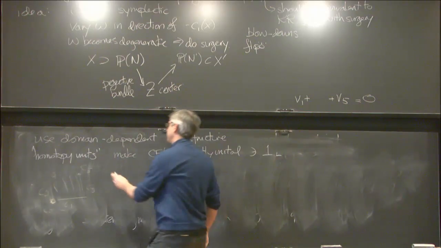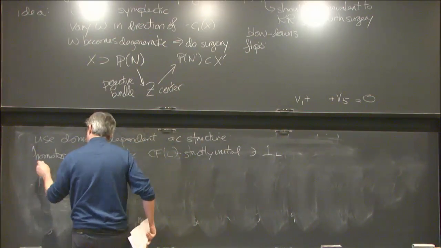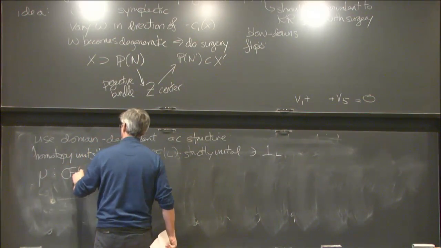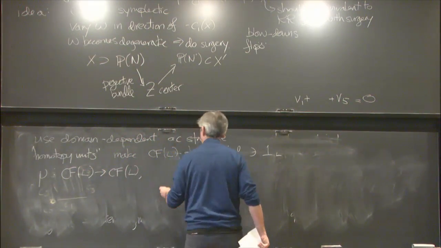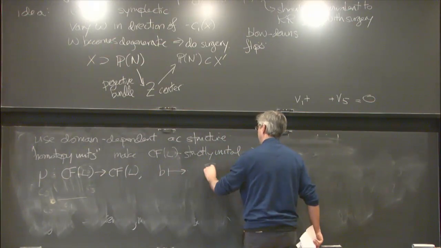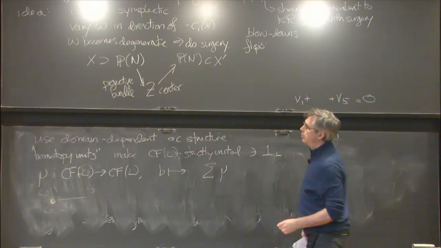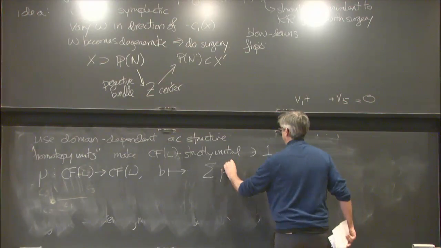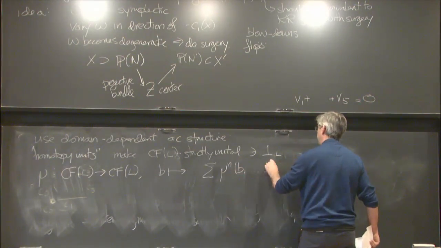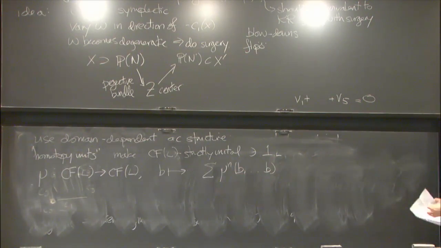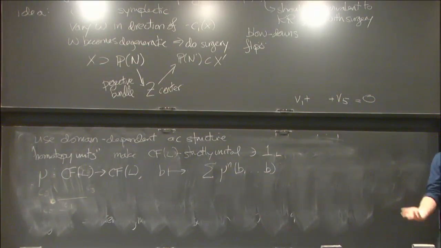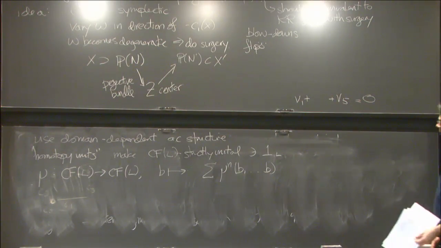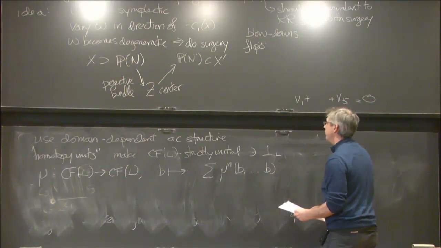And then you define a map from CF(L) to itself by taking b to the sum of the μ_n of n copies of b. Now, there's no guarantee that this sum is defined in general for any arbitrary A-infinity algebra, but you can check for Fukaya algebras that this infinite sum is well defined.